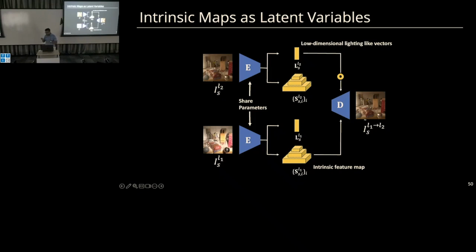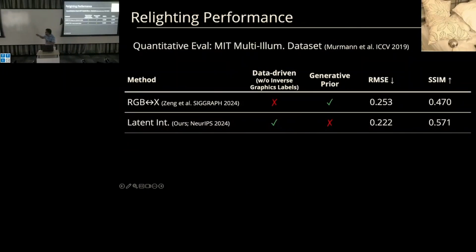Now if we train a simple model, what we find is that we can first generate very good relighting images. Here are quantitative results on this very hard MIT multi-illumination dataset that I showed you earlier. At the top, you see a very recent model which was published last year at SIGGRAPH. It's called RGB2X, where it uses a massive computer graphics dataset, and it also uses a generative image model.